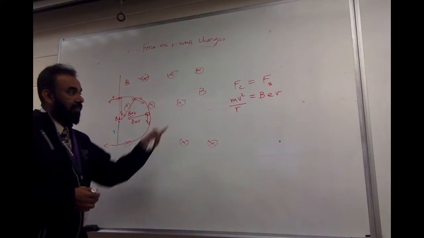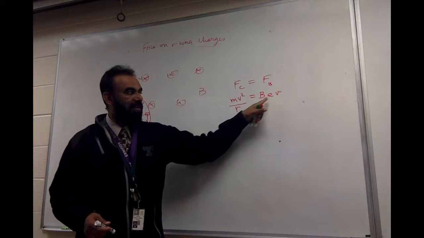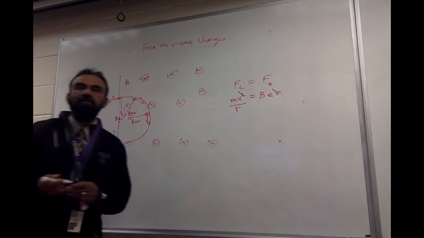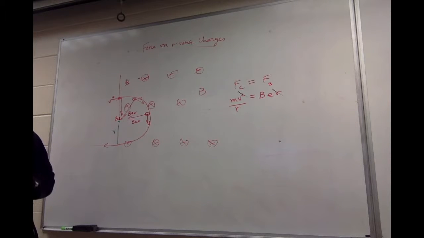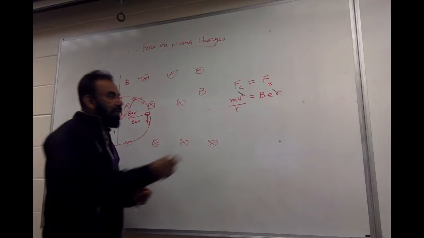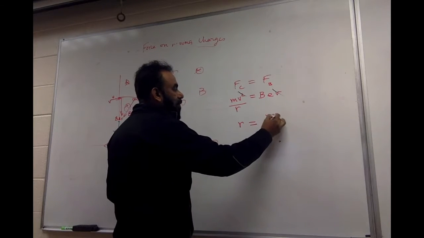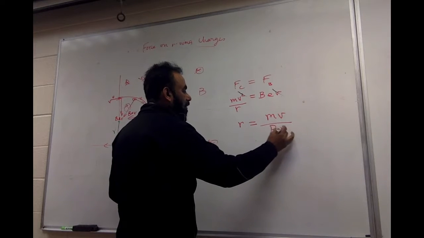Right? Centripetal force is BEV. You can cancel off one of the V's, because that's V squared on this side and V on the other side. So finally we have that. And if you make R the subject of the equation, R is equal to mv over BQ.